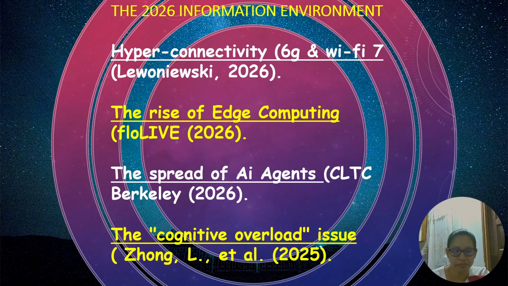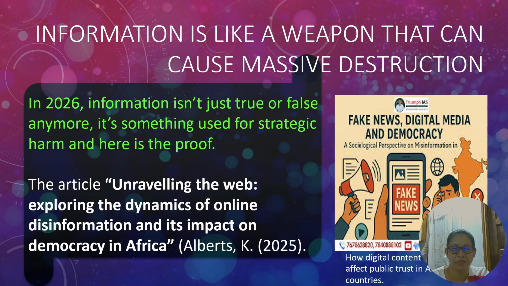Now, let's look at some of the research trends that we have found so far in 2026 when it comes to the misuse of information. Looking at the article, Unraveling the Web, exploring the dynamics of online disinformation and its impact on democracy in Africa, it explains that disinformation has become a powerful political tool in many African countries, especially during elections.